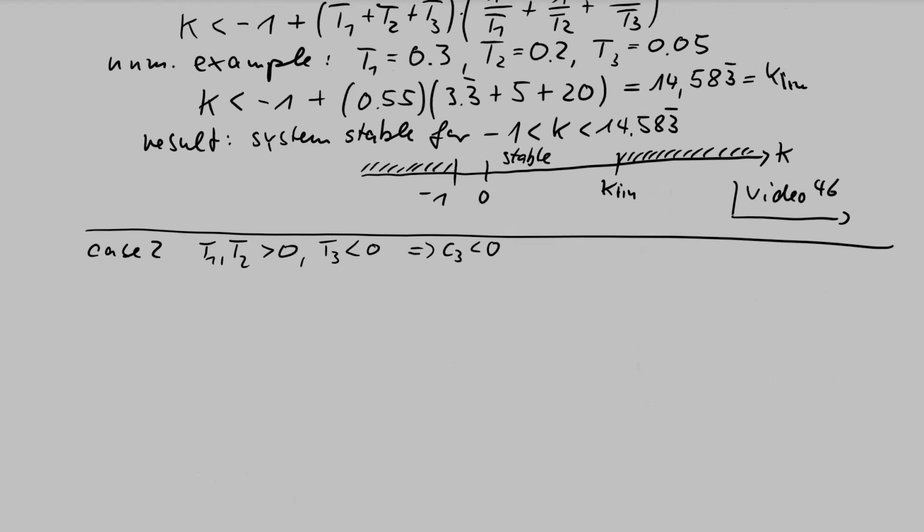And the consequence is then all other C0, C1, C2 also must be negative, otherwise we have unstable systems.